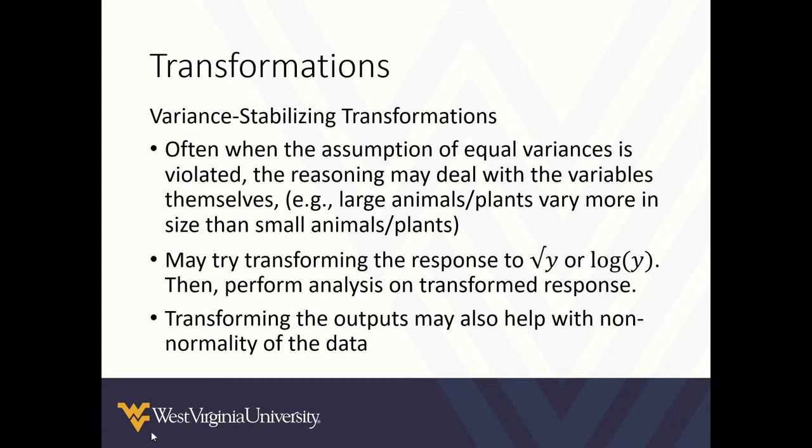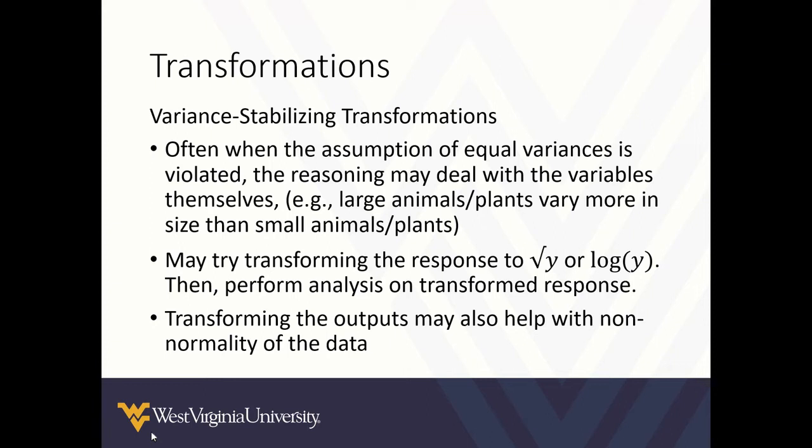What we mean by that is sometimes when we're studying large animals and small animals, there's a great variability in size. And the same thing with plants. All plants kind of start out as this very small seed, but large plants grow much higher than smaller plants, and so it can mess with our variabilities and mess with the equal variance assumption.